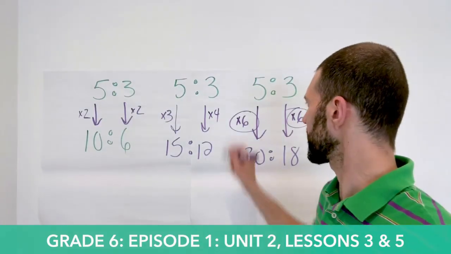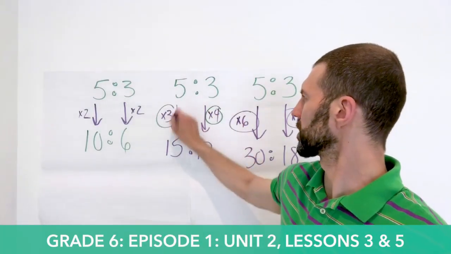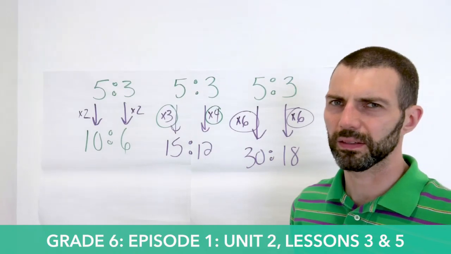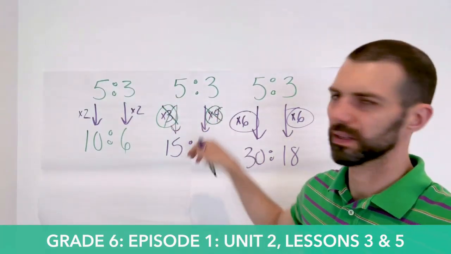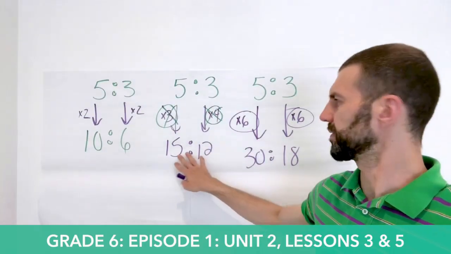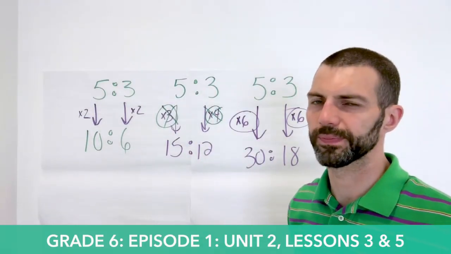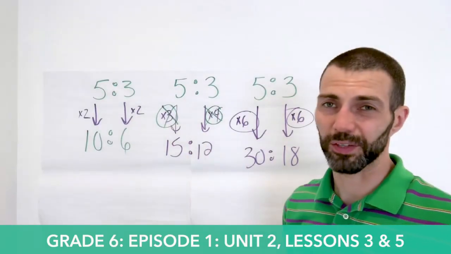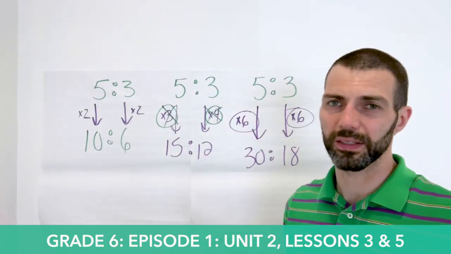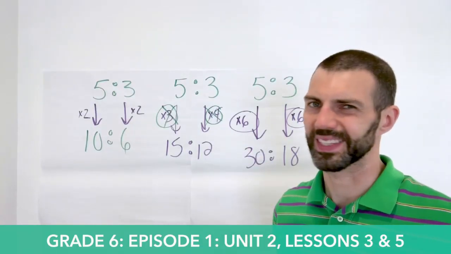So, because these factors are not the same, I would say that this ratio of 15 to 12 is not equivalent to 5 to 3, because the factor that I would need in order to multiply to create the other ratio is not the same.